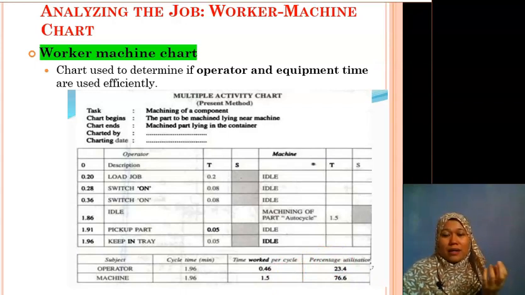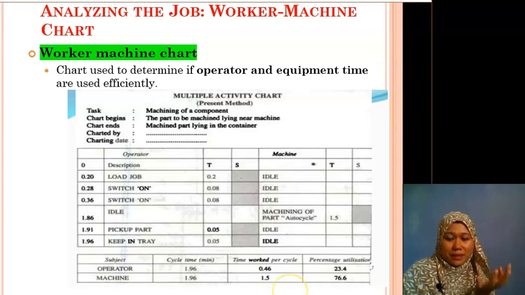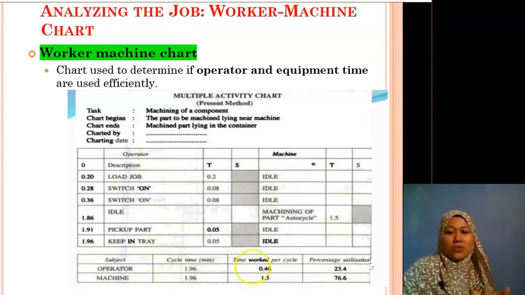What is the point of buying a very expensive machine if human is still doing half of the job, 50%? You want to know whether the investment is worth it, so that we reduce the human utilization.